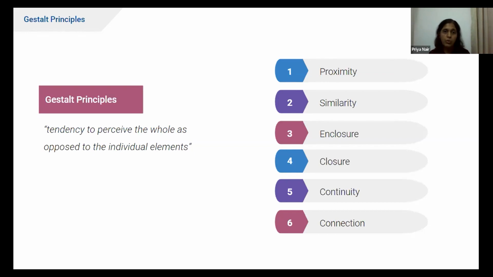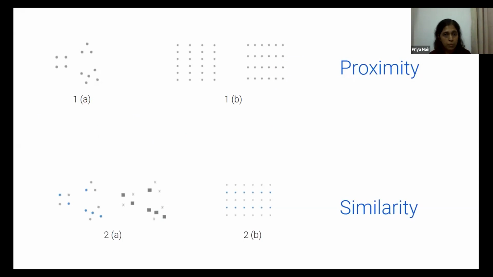How you can de-emphasize all other things is what these principles will help you do, right? We will see applications of each of these in the examples. The first one is proximity. So in figure 1a, you can see it is 3 distinct groups, right?